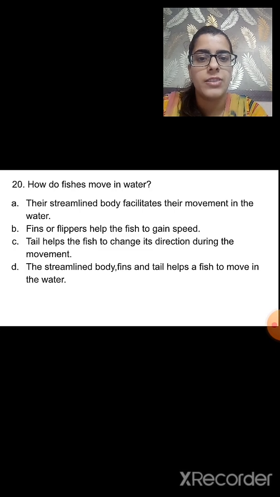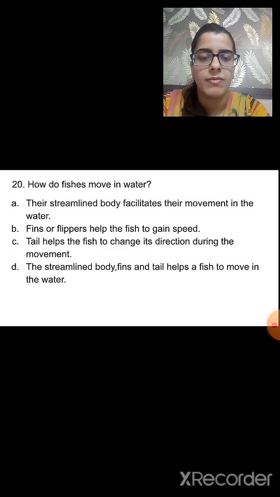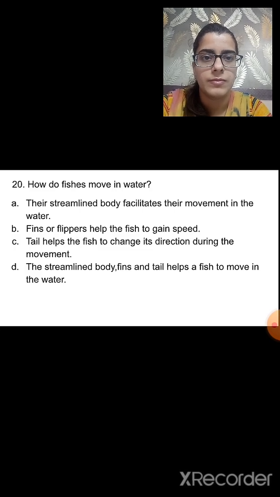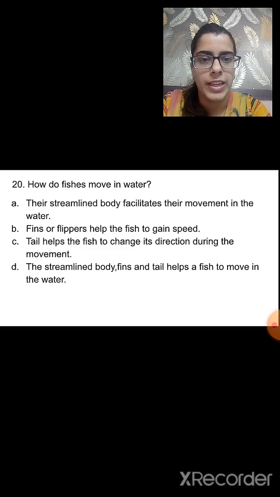Or D. The streamlined body, fins and tail help the fish to move in the water. So which is the correct option? It is option number D. The streamlined body, the fins and the tail help the fish to move in water.